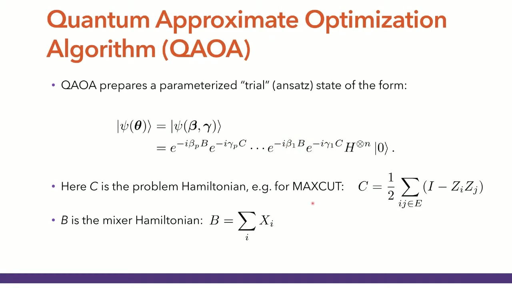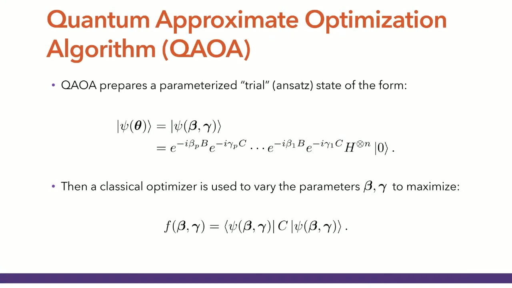The problem Hamiltonian is this combination of PauliZ matrices that we just learned to construct, and B is a mixer Hamiltonian; the commonly used one is the sum of Pauli X on all qubits. Then, typically, we use some method to find parameters beta and gamma that maximize the expected value of the objective function.